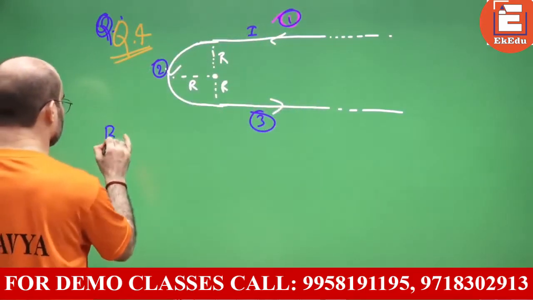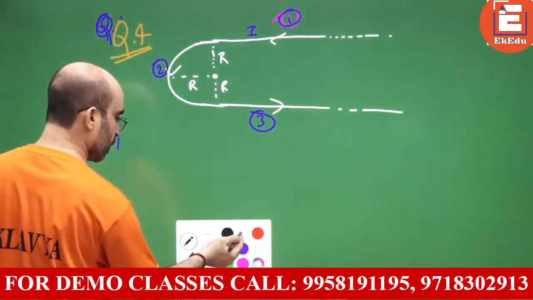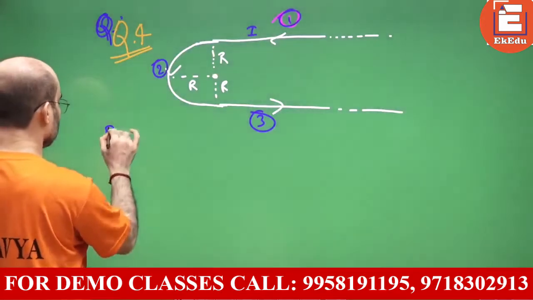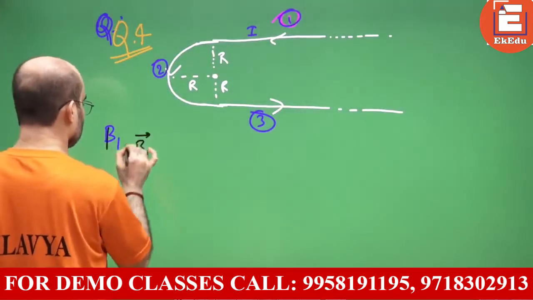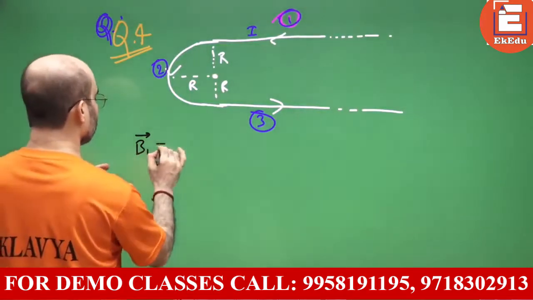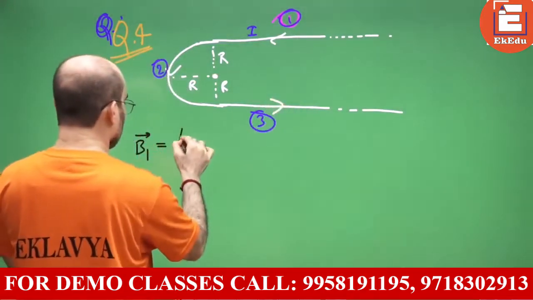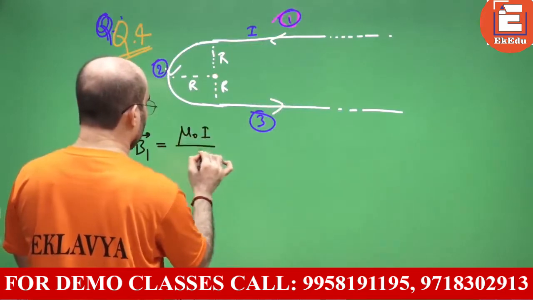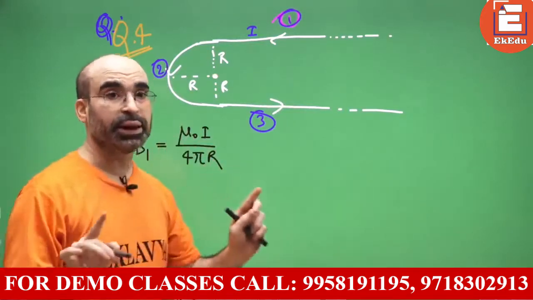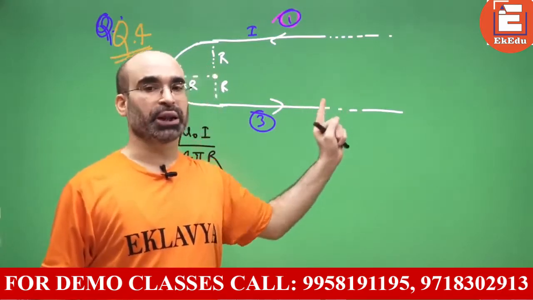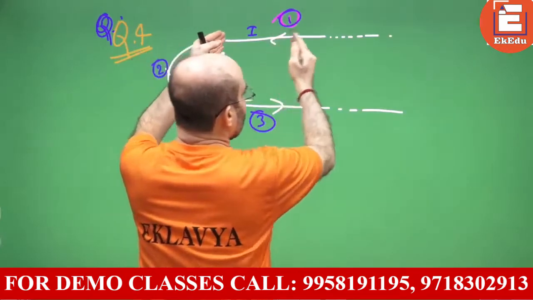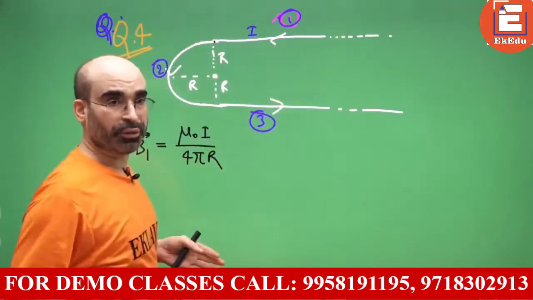So B1, let's do this. B1 equals what? What is B1? B1 equals, for this one, mu naught I by 4 pi R. Mind it that this is semi-infinite. One end is here, another end is infinitely away, right?